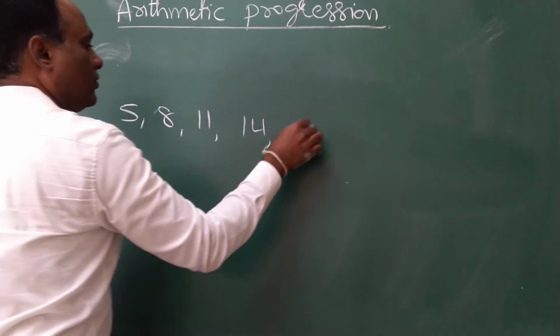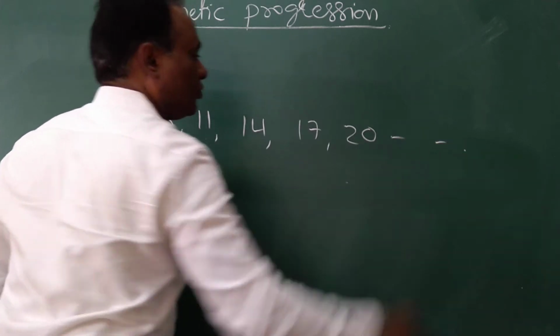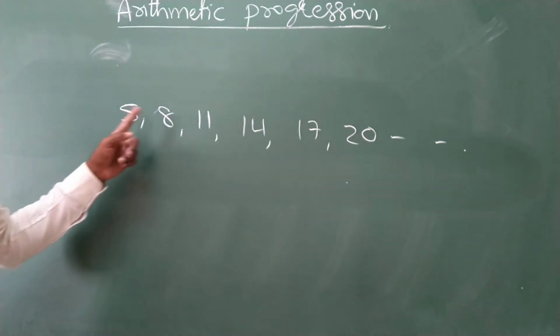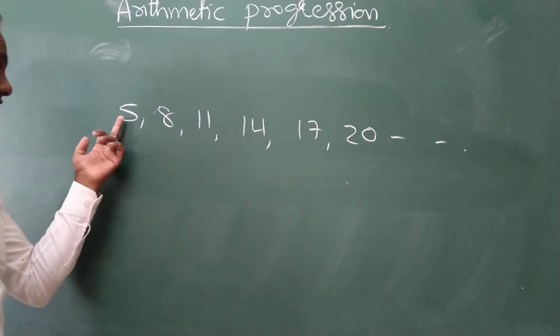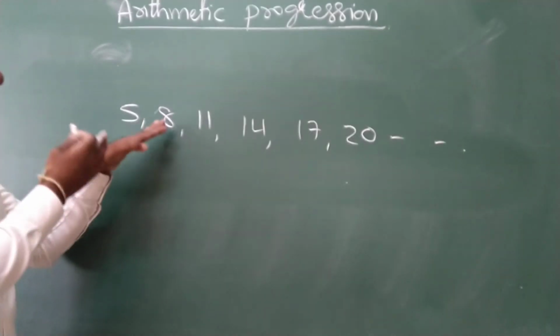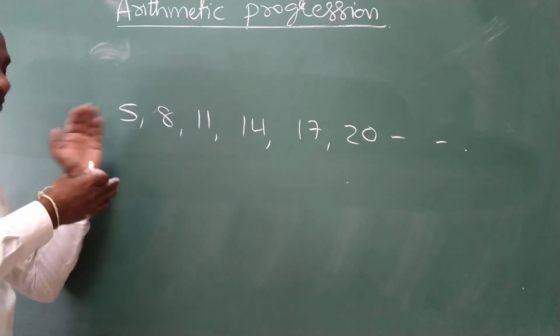Already I explained, if the numbers are formed according to some addition, the same number is added: 5, 8, 11, 14, 17, 20. So except the first term, each term is obtained by adding some constant term to its preceding term. This is called the preceding term, this is called the succeeding term. The term before is called the preceding term.